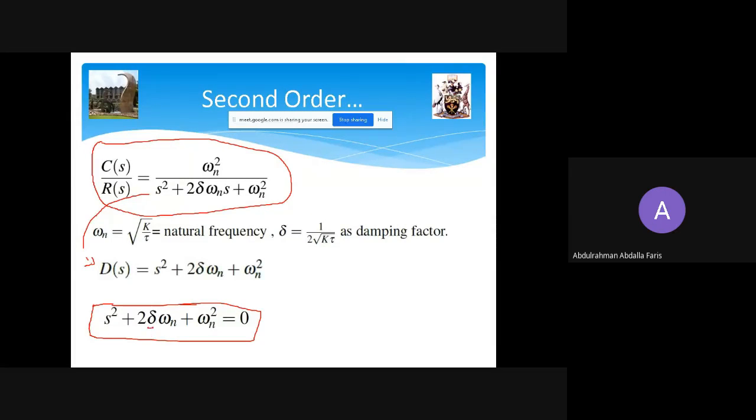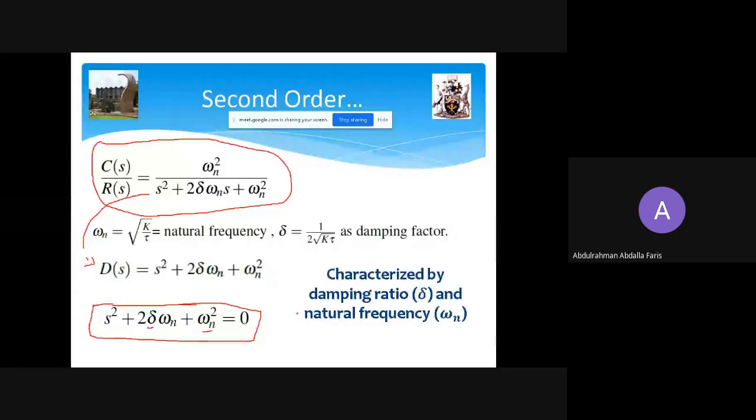It is characterized by the damping ratio delta and the natural frequency omega n. This natural frequency is in radians per second. In some problems I give, I just say the natural frequency is like 2 hertz. Then you need to convert that to omega n.